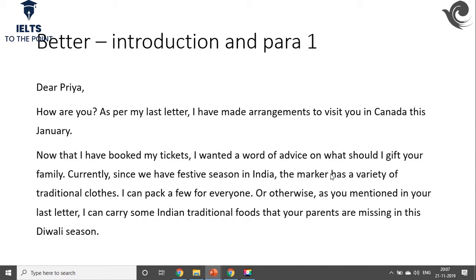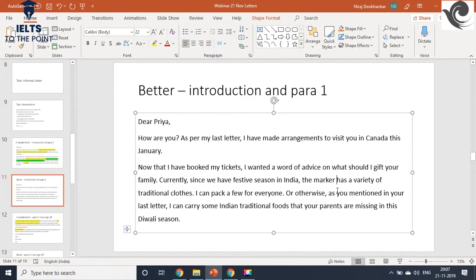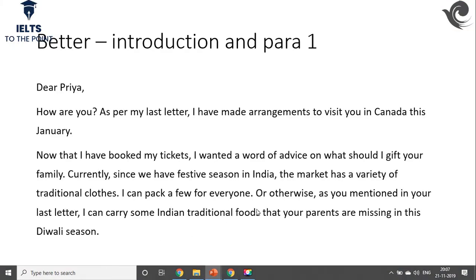Currently, since we have festive season in India, the market has a variety of traditional clothes. I can pack a few for everyone. Or otherwise, as you mentioned in your last letter, I can carry some Indian traditional foods that your parents are missing in this Diwali season.